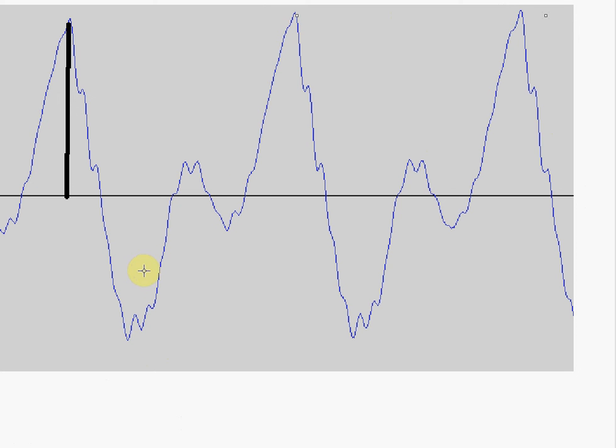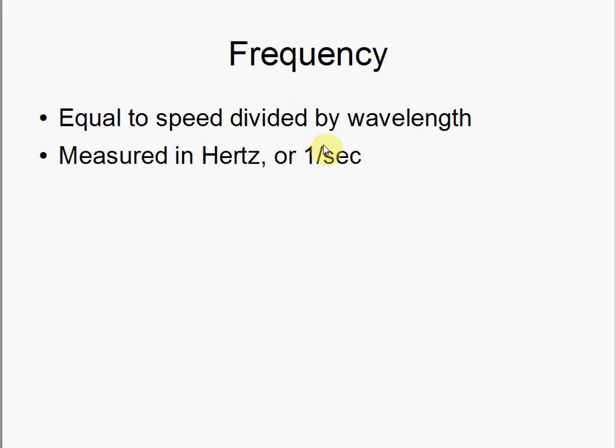So the wavelength is equal to the distance between the two crests. So frequency equals just the speed that the sound travels divided by the wavelength, and that results in units that are 1 per second, and they are also known as hertz after a great scientist who helped discover these various properties of sound.